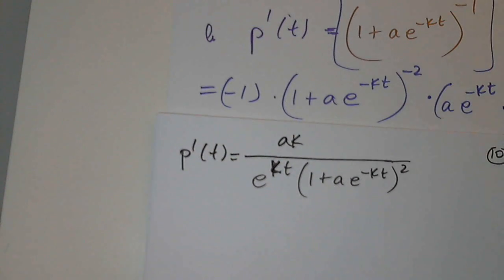So this is the function that gives the rate of change of the spread of the rumor with respect to time at any point in time where the function is differentiable. That's the rate of change. How fast is the rumor changing? How fast is the rumor going through from person to person? What is the percentage of people?